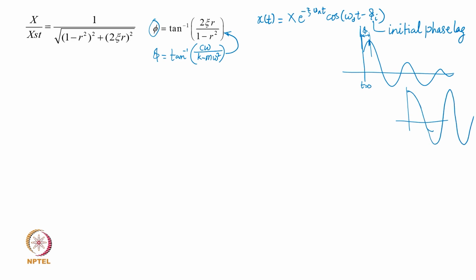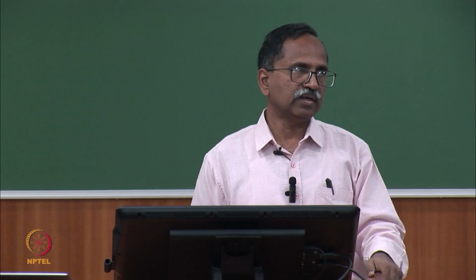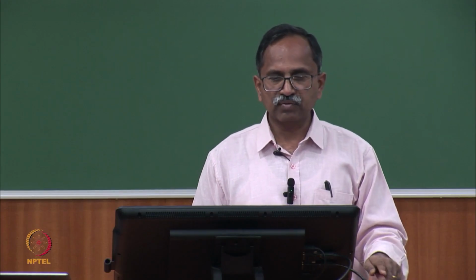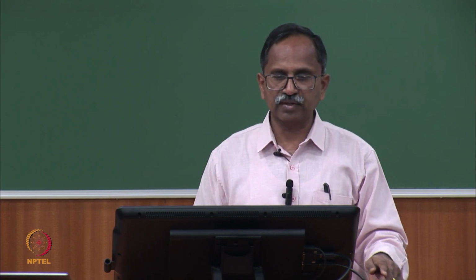If initial velocity is imparted, it will cause sinusoidal response, and therefore, the initial phase lag was 90 degrees. If it is a mix of them, then it will lie somewhere in between 0 and pi by 2. The point here is that this phase lag should not be confused with the phase angle phi that we have gotten here. That we shall discuss, of course, what is the meaning of this phase angle phi.